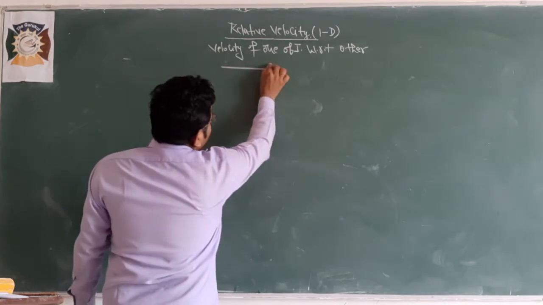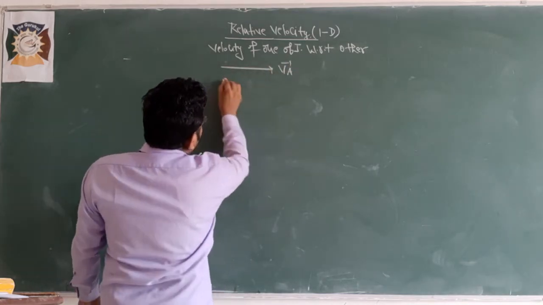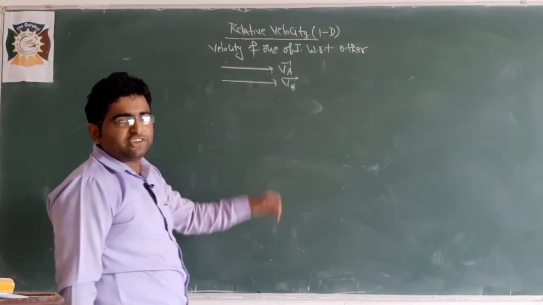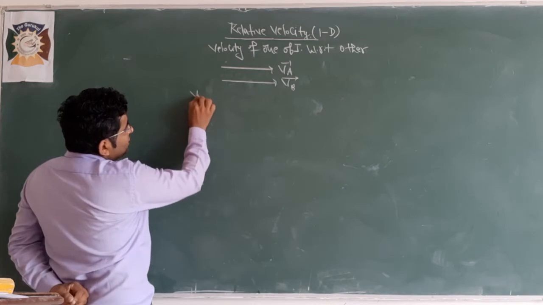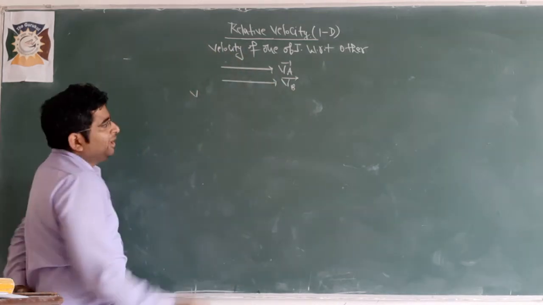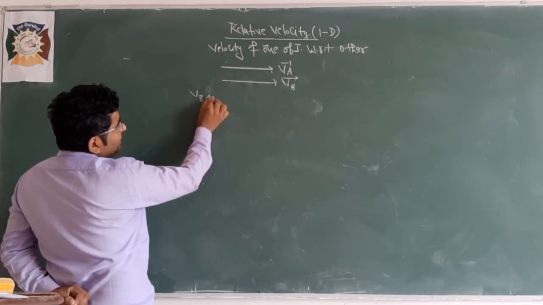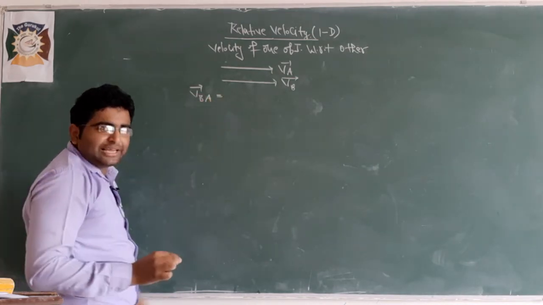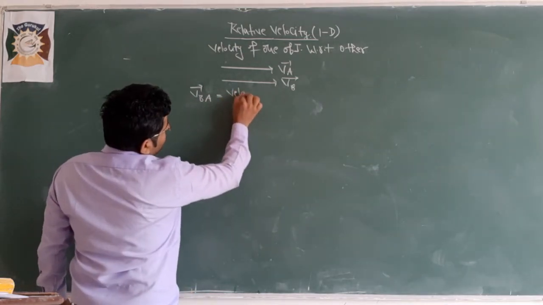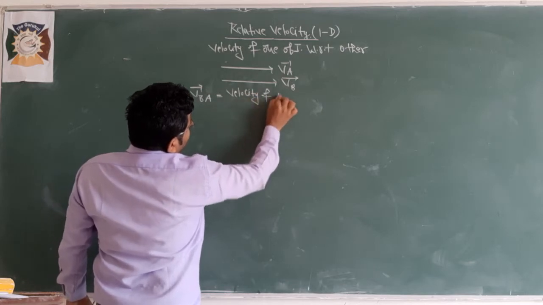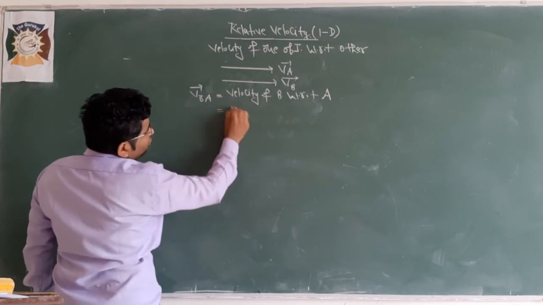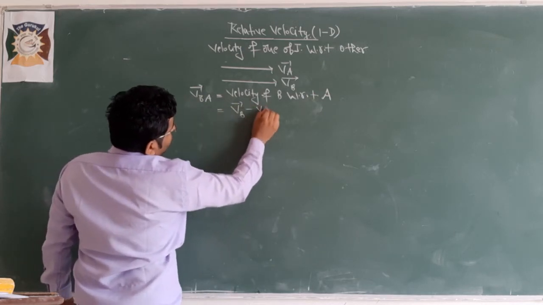Suppose two objects are moving with the velocity of Va and Vb respectively in the same direction. If I ask that what is the velocity of B with respect to A? So beta, this I will calculate with the help of VBA. It means velocity of B with respect to A. And beta, it is equal to Vb minus Va.